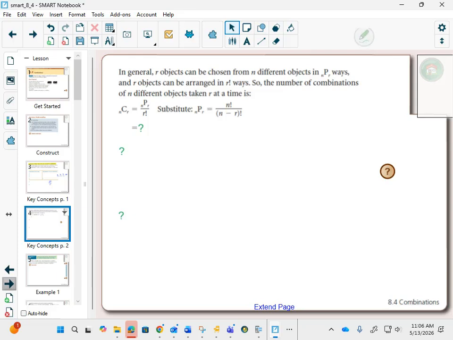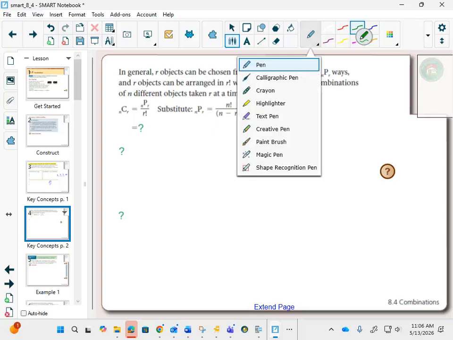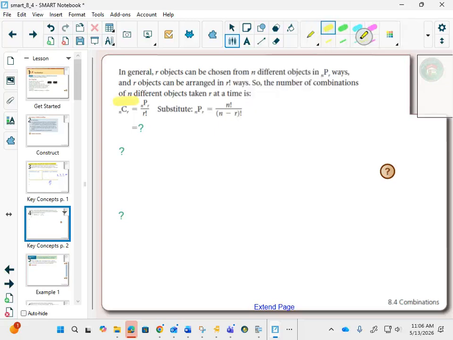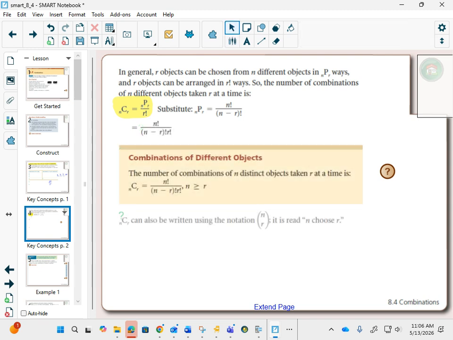So here on the next page, if you want to highlight this, your combinations formula is just your permutations formula with the order divided out. And with permutations, we almost never used the formula because the spaces were so easy to do. But in combinations, the formula is what we'll use almost all the time.